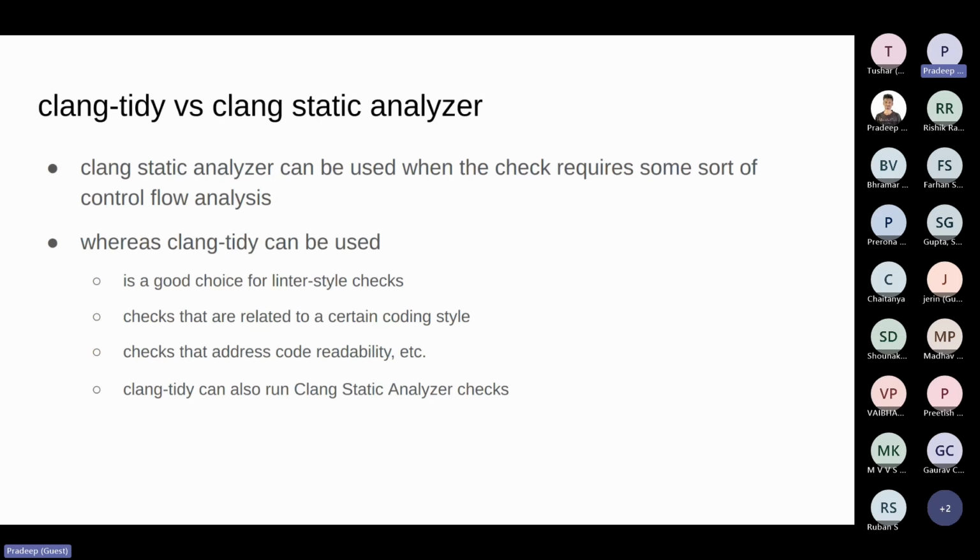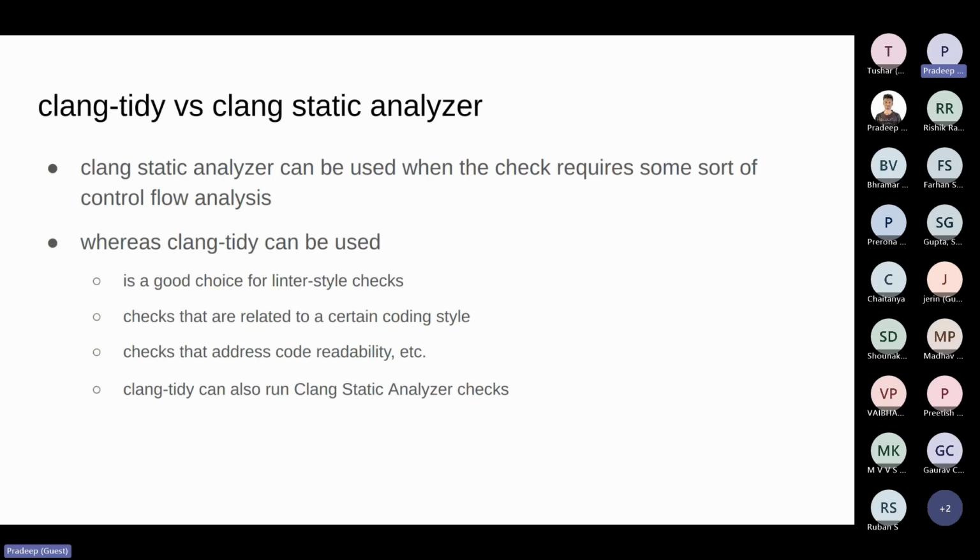Whereas clang-tidy can be used as a good choice for linter-style checks, more code related checks like the C++ Core Guidelines, where you can do some sort of fix-its and simple checks, not something related to control flow information. Checks that are related to certain coding styles, like the C++ Core Guidelines, or some project specific stuff. Checks that address code readability.